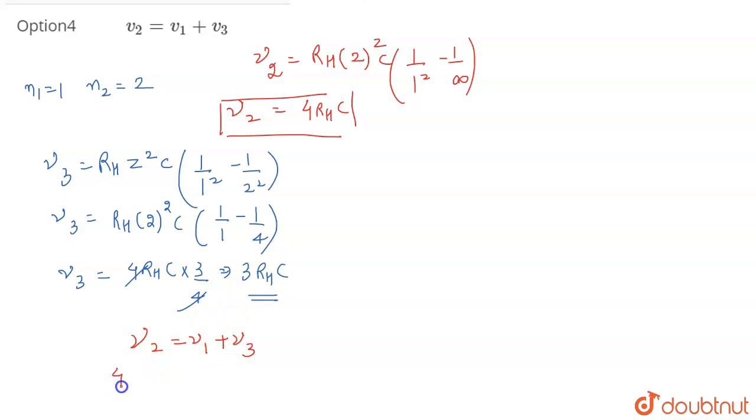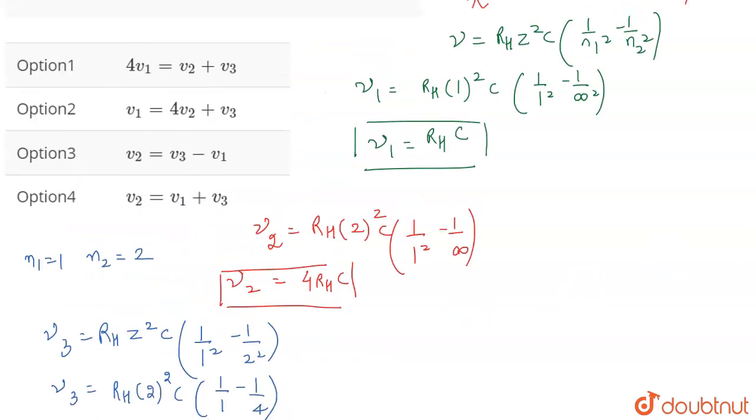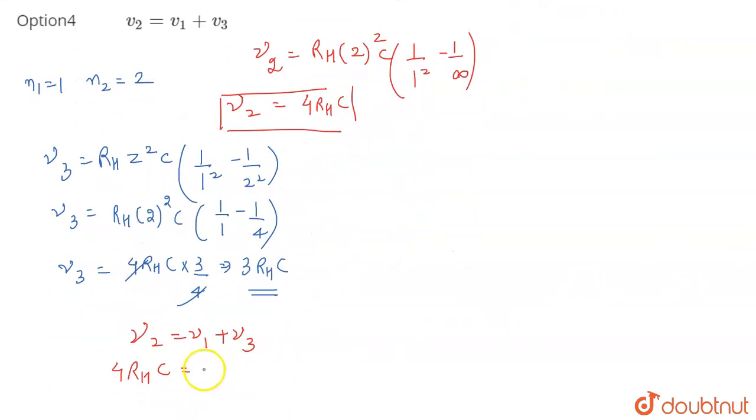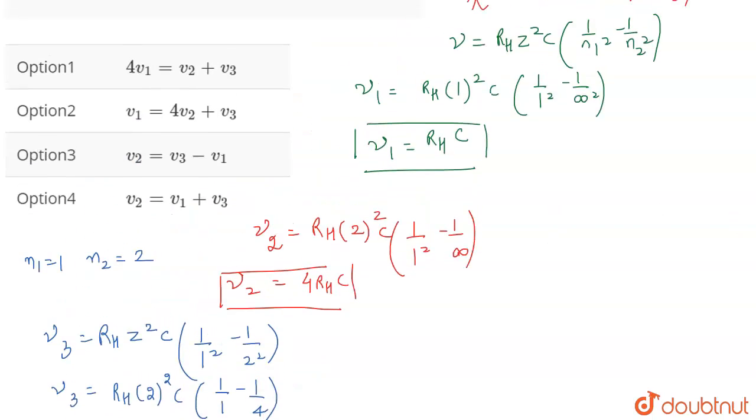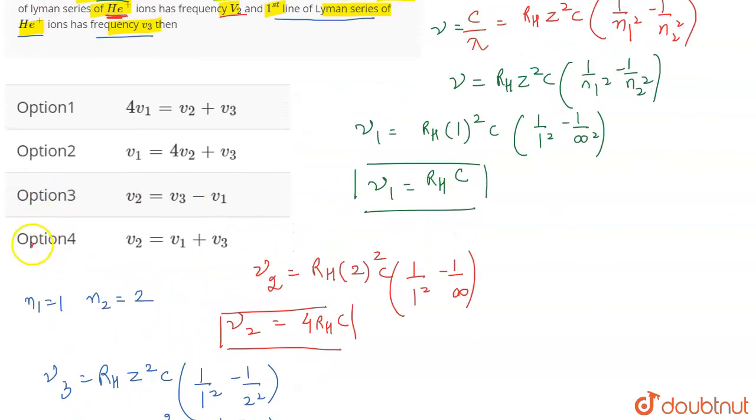So, nu2 was 4 RH into C. Now, nu1 was equal to RH into C, plus nu3 is equal to 3 RH into C. So, this means that LHS is going to be equal to RHS. So the correct relationship is nu2 is equal to nu1 plus nu3, and therefore the correct answer for this question is option 4.